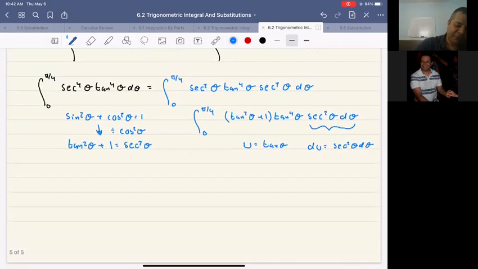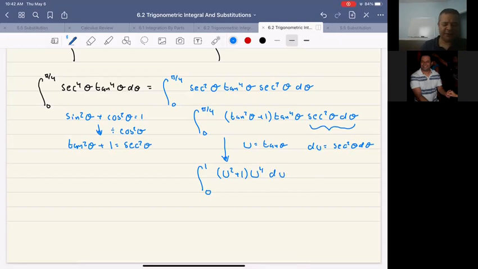Now let's go ahead and do the limits. We're not going to have to change this one back. So when theta is 0, tangent of 0 is 0. Tangent of pi over 4 is 1. Okay, so we're going to get u squared plus 1, u to the 4th, du.